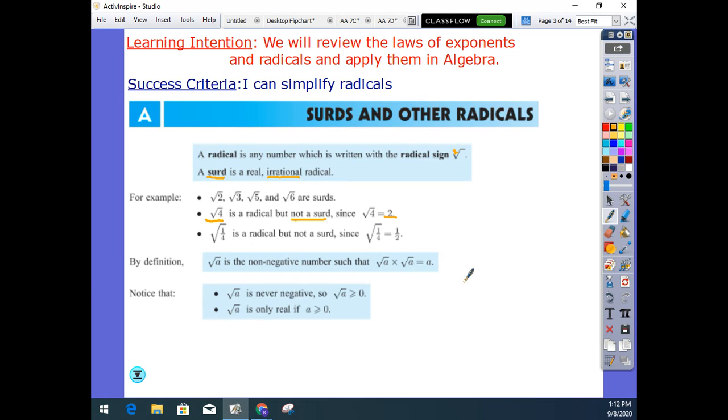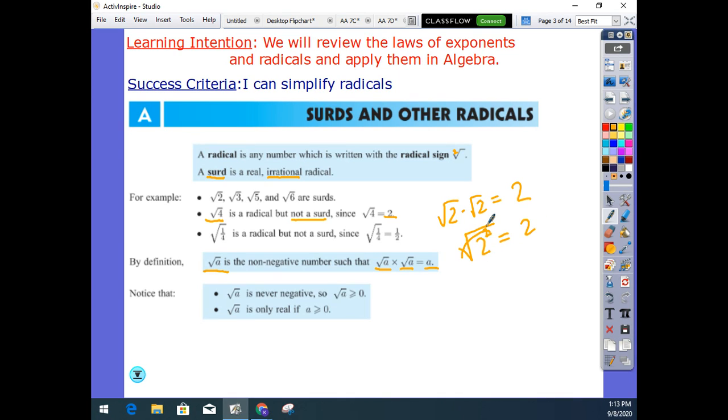Okay, so the actual definition, the square root of a, is such that if we take it times itself, we get the number underneath. So like square root of 2 times the square root of 2 is 2, because technically it's the square root of 2 squared, and it cancels out.